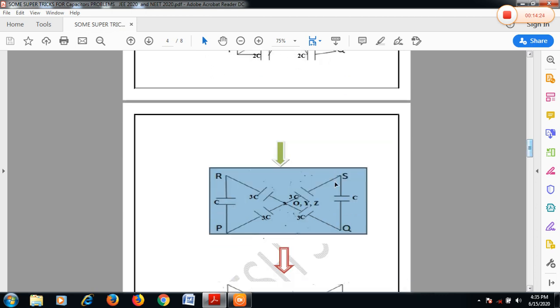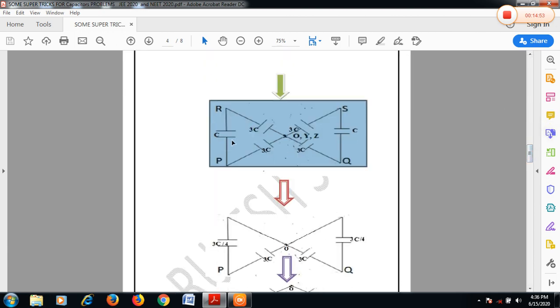In between points R and O we have one capacitor 3C, which is in series with another capacitor having capacitance C in between R and P. So the equivalent capacitance in between P and O, following the path P, R and O, will be C into 3C by C plus 3C, since these are in series combination, C and 3C.